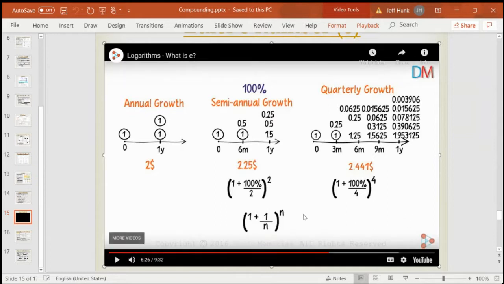All right. Another thing, the n used here is actually in our model m. Remember the compounding frequency per year, m, right? Now our n is the result of m times t, the number of years.